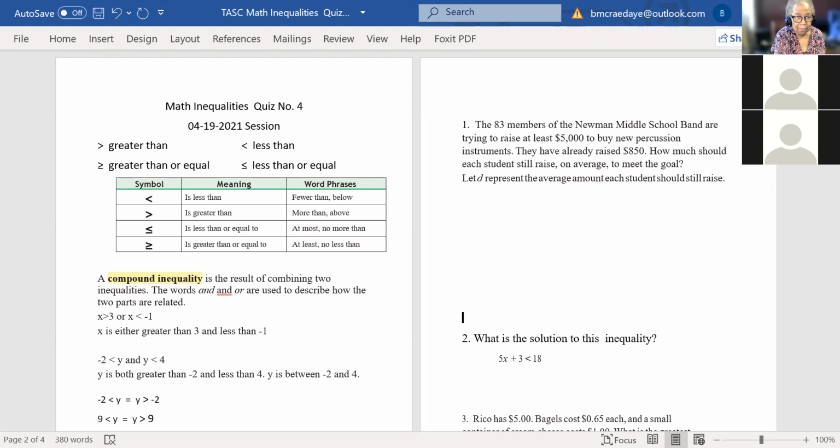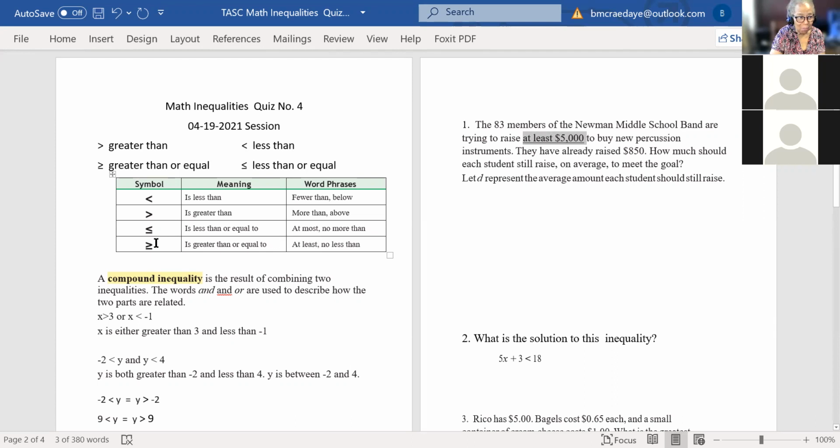Now, when they say raise at least 5,000, let's underline that. Now, at least means what, Maureen? The phrase at least.